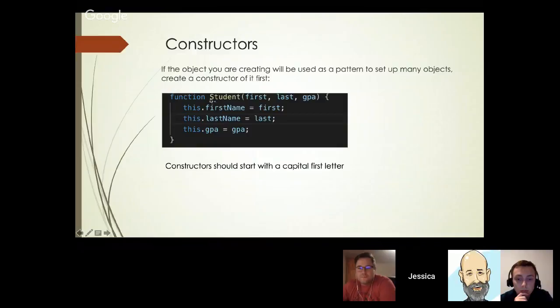That's more of a best practice kind of thing. So we would pass in first, last, GPA, and then we use this, which I've been doing before, but I'm assuming you're familiar with this. So here's our constructor. Same idea, it's going to assign these parameters into these variables.